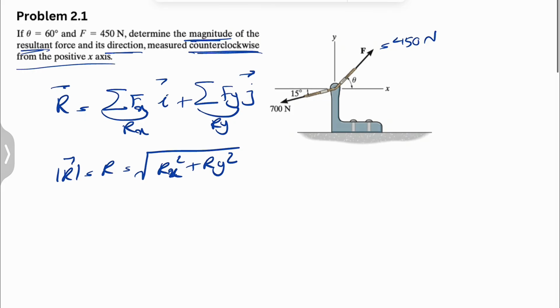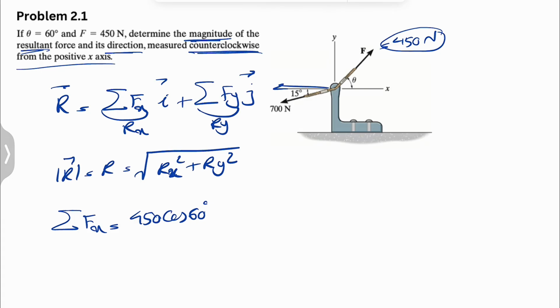Alright, so let's start with the sum of all forces in x. Let's see what we have. We have the x component of 450 newtons, which is in this direction, so positive 450 cosine of theta, which is 60 degrees. For the 700, because it's to the left, it will be negative 700, again cosine would be the x component because we have the angle with the x-axis, so 15 degrees.